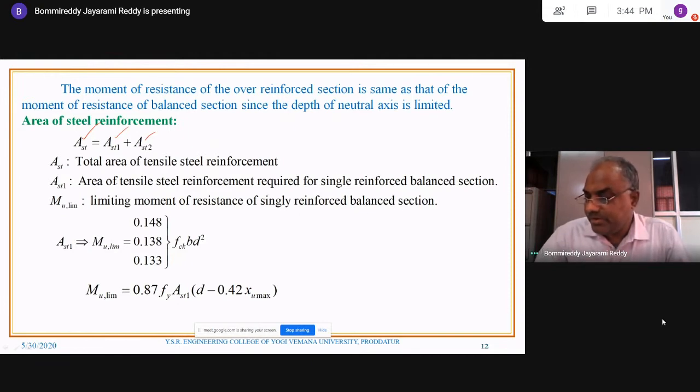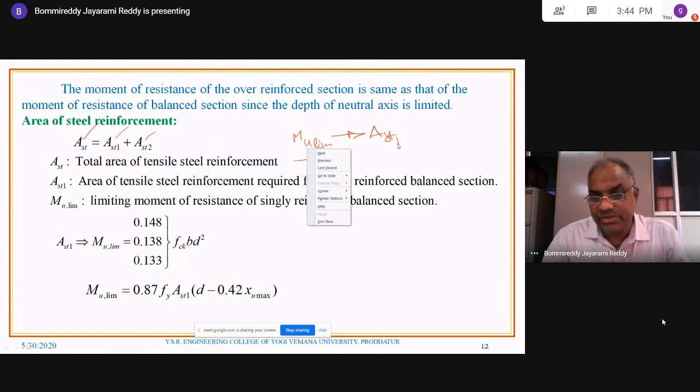So here, corresponding to Mu limited, the reinforcement will be equal to Ast1. Ast1 is the area of the steel reinforcement corresponding to the balanced section. That means when Ast1, the corresponding moment is Mu limited. Or when Mu limited is there, the corresponding steel will be equal to Ast1. So these are two associated values.